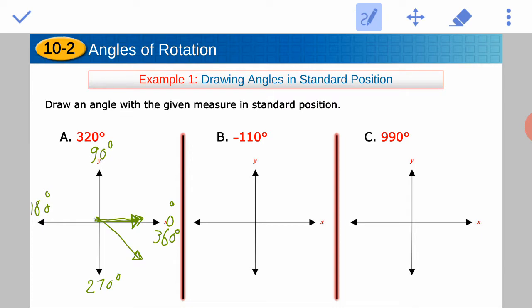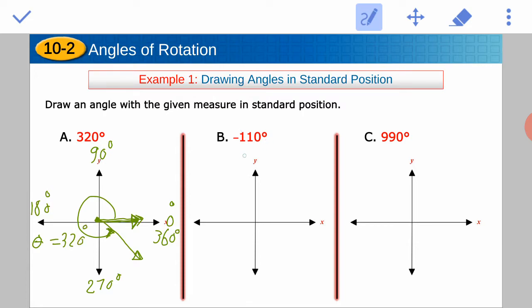The vertex of the angle is at the origin, the initial side and the terminal side, and you need to show the direction of rotation. The direction is this way, so you add an arrowhead in order to show the direction, and you put the measure of the angle. So theta equals, we use the letter theta, 320 degrees.